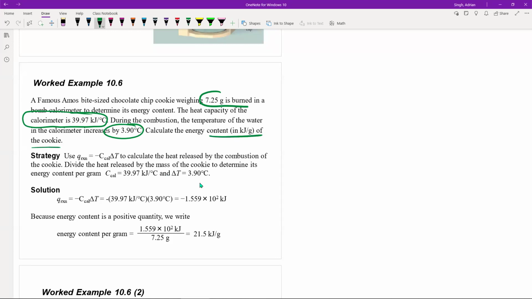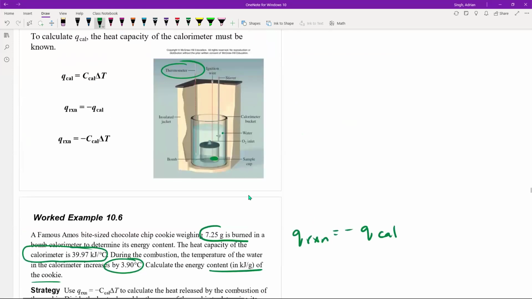So we're using the same idea that we looked at before. The Q of the reaction is equal to the negative value of the Q of the calorimeter. In other words, the energy that is absorbed by the reaction is the energy that's released by the calorimeter, or we can do the opposite as well. The energy that is released by the reaction is the energy absorbed by the calorimeter.